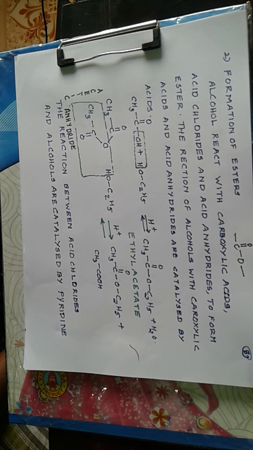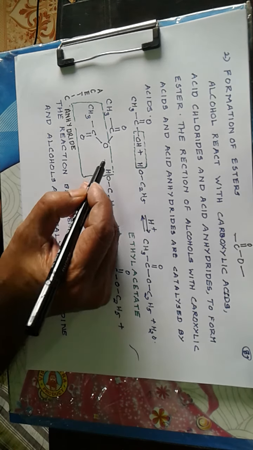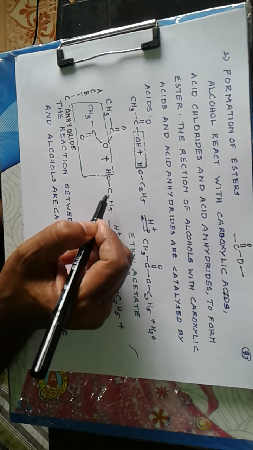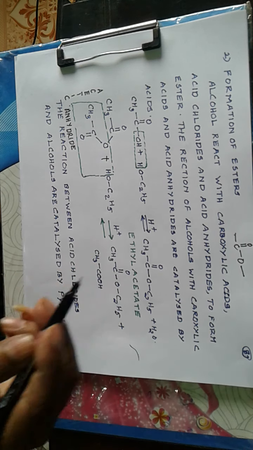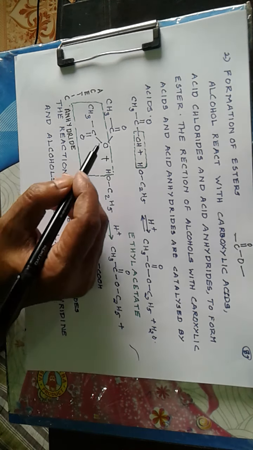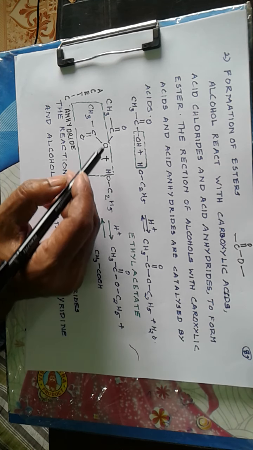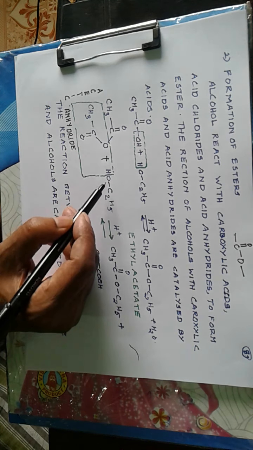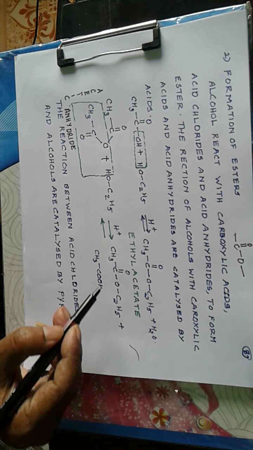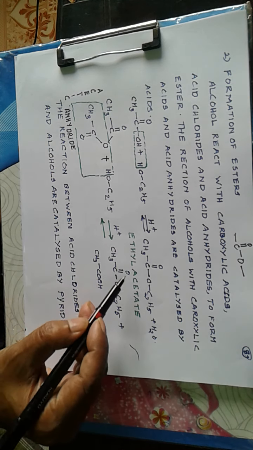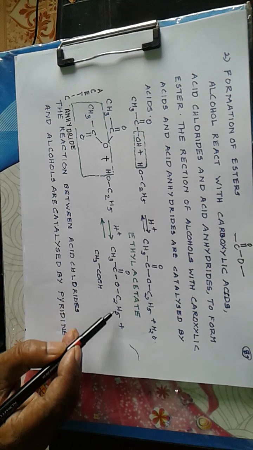Now, the reaction between acetic anhydride and ethanol is catalyzed by acid, and we remove a molecule of CH3COOH, so that the CH3CO portion is getting connected to C2H5. We get ethyl acetate, CH3COOC2H5.